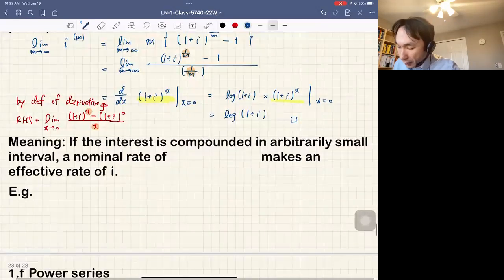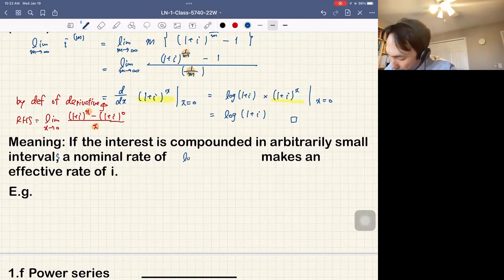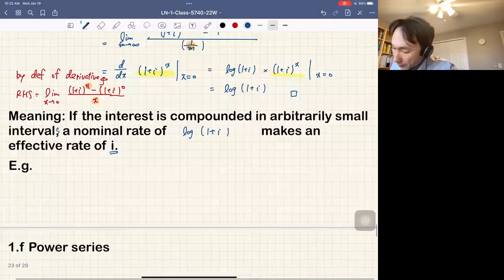The meaning of this theorem is that if the interest compounds in arbitrarily small intervals, a nominal rate of log of 1 plus i makes an effective rate of i.